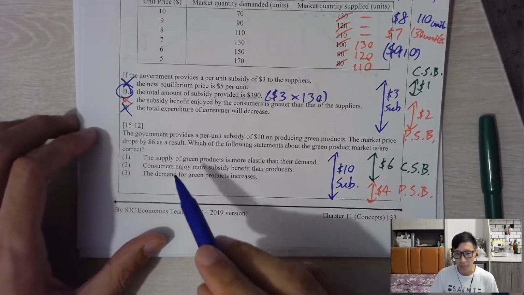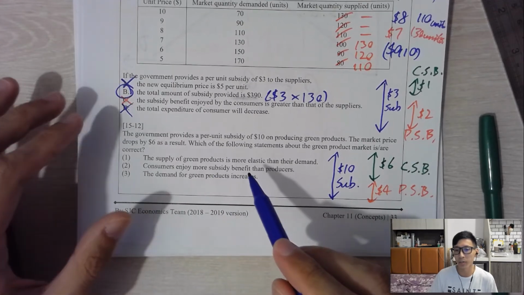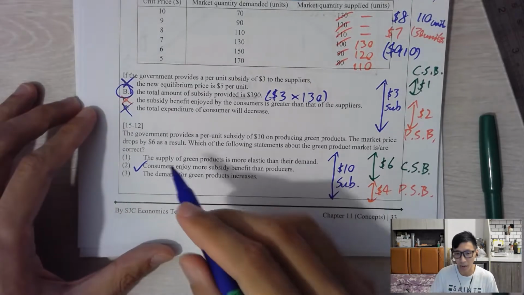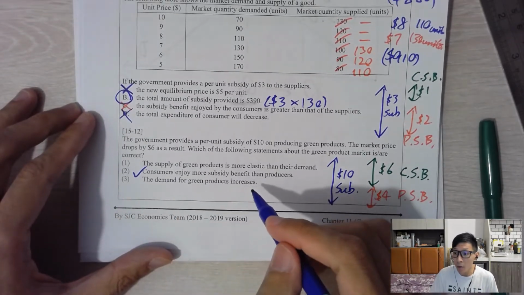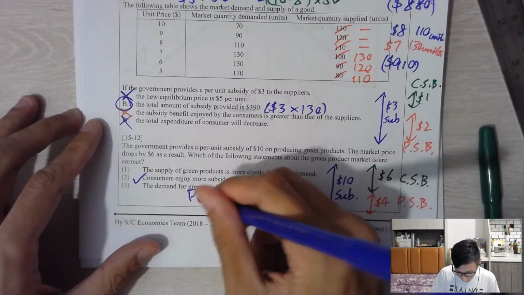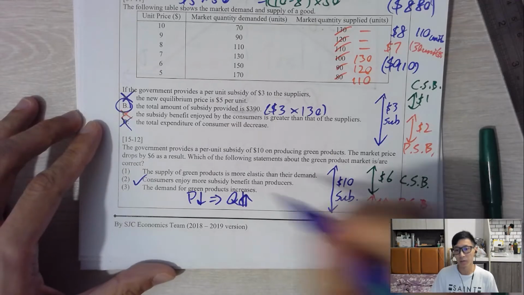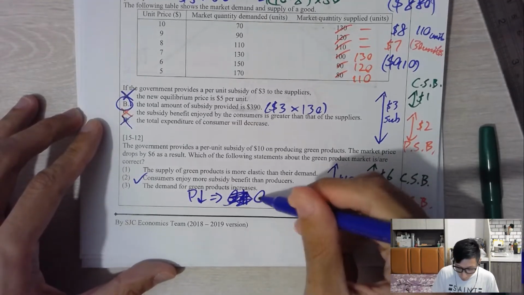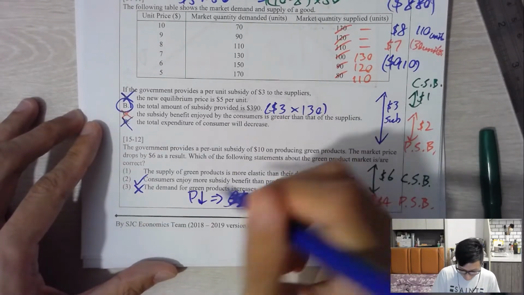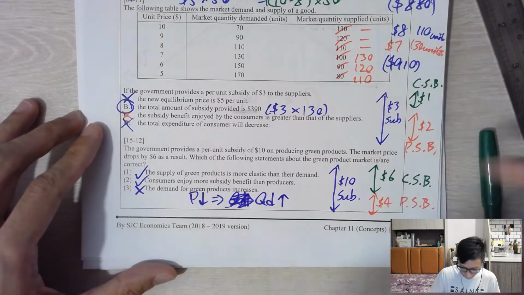So you see, consumers enjoy more subsidy benefit than the producer. This is correct. Demand for green product increases, don't mess around, we've said it many times. Price decreases, QD increases, it's quantity demanded that rises, not demand. So no. Now number one, we are going to talk about that in the next video, but this is correct.